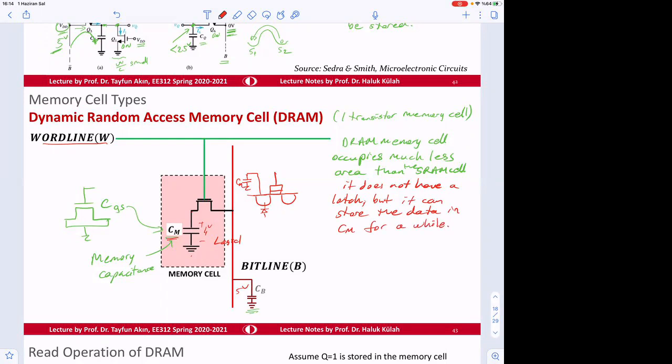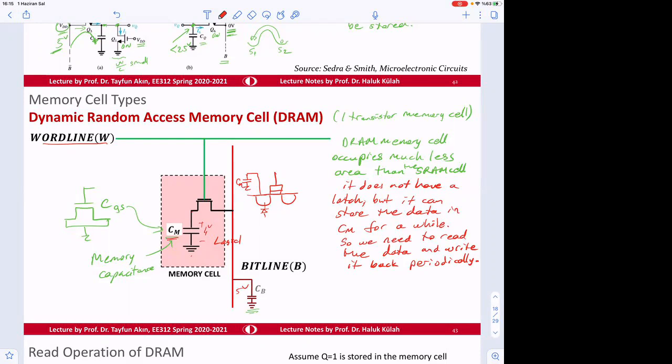So what you need to do then is read it. We need to read the data and write it back, periodically, in a period that doesn't lose the data.